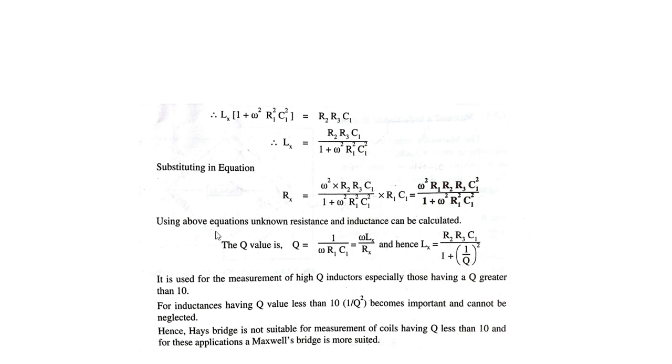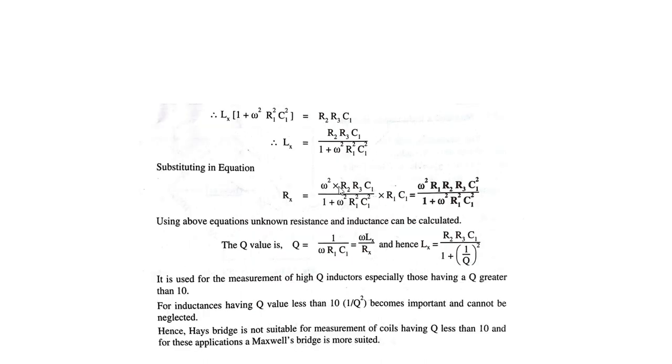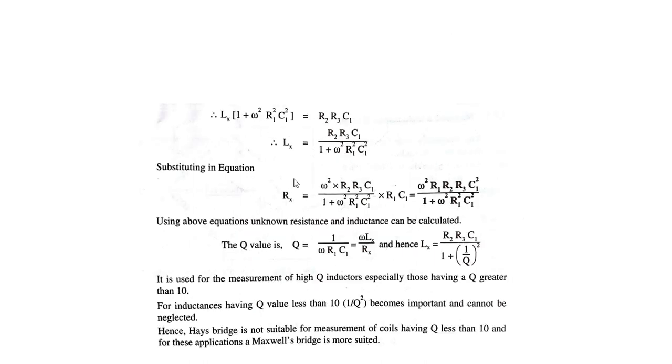Again, if you put the value of Lx in the Rx equation, you will get Rx is equal to omega square into R2 R3 C1 divided by 1 plus omega square R1 square C1 square into R1 C1, and finally you will get the equation like this.